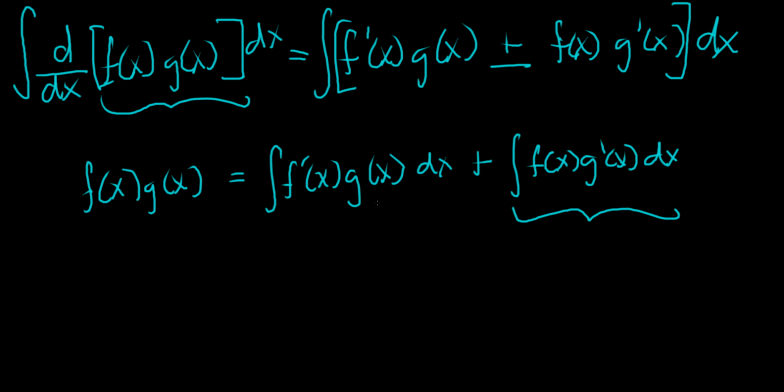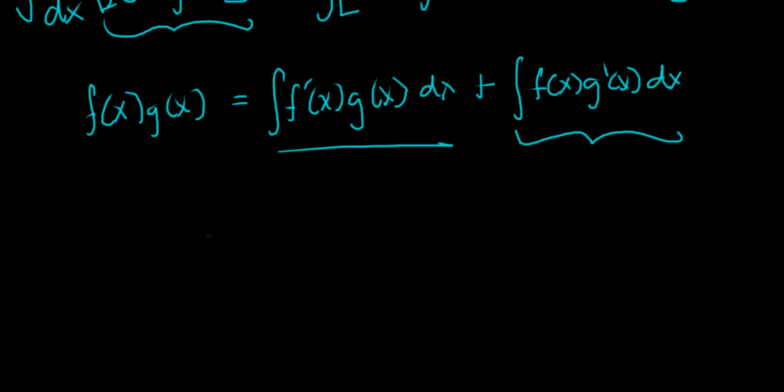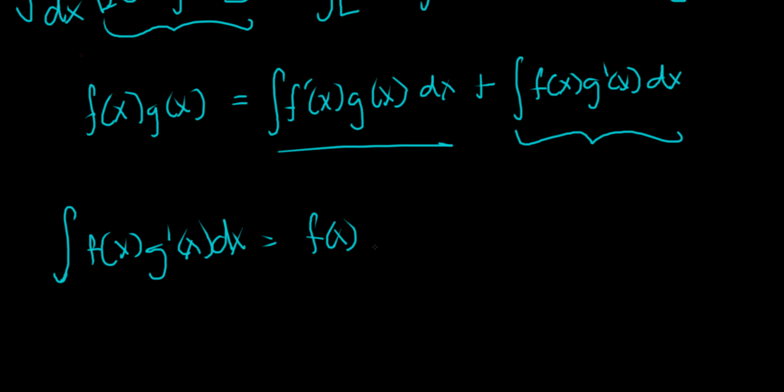And we can do that simply by taking this function and moving it to the other side of our equation. I'm not going to write everything out because it'll take a long time showing all that subtraction. But what I will write is that the integral of f of x times g prime of x with respect to x is equal to this thing here, f of x times g of x, minus this integral here, right?